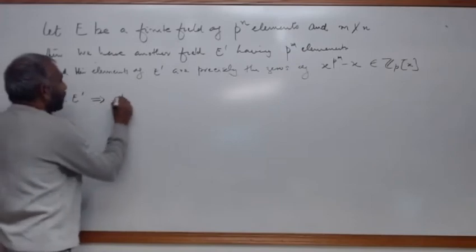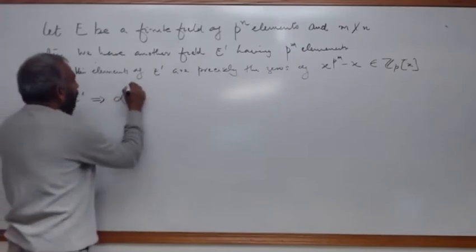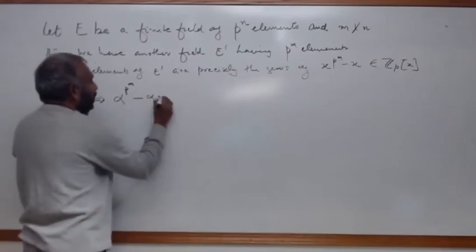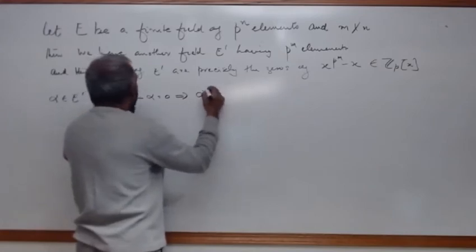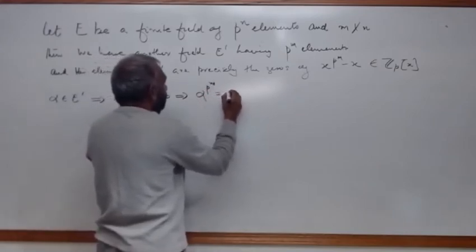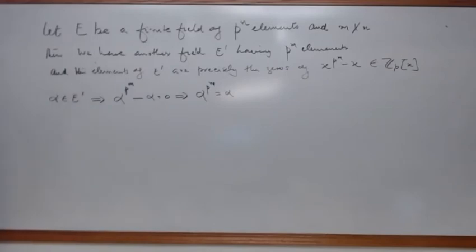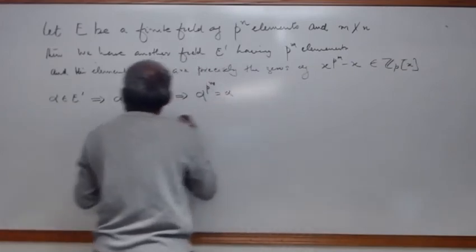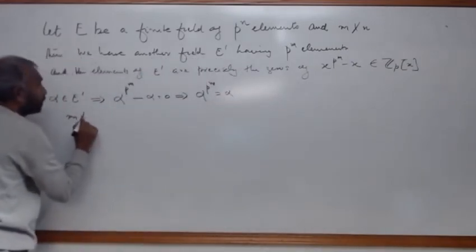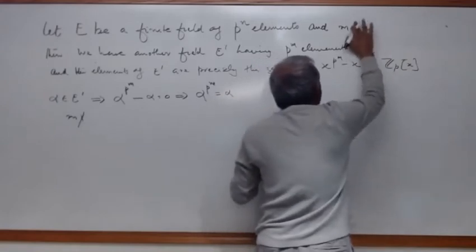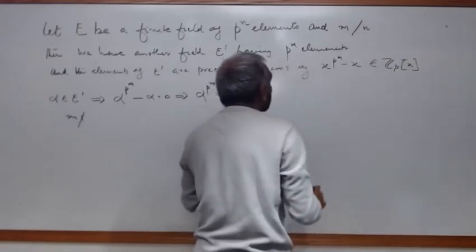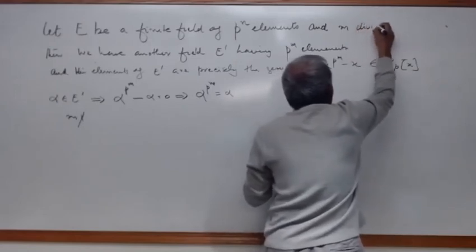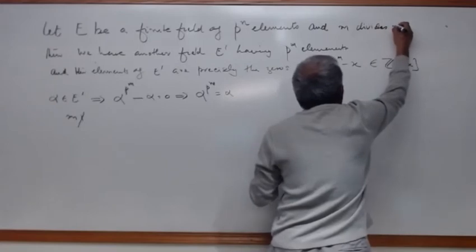That means alpha to the power of p to the power of m minus alpha is equal to 0, and that implies alpha to the power of p to the power of m is equal to alpha. But m divides n.